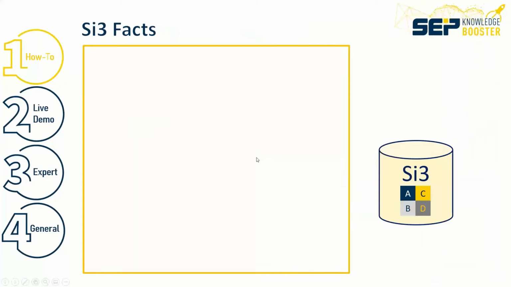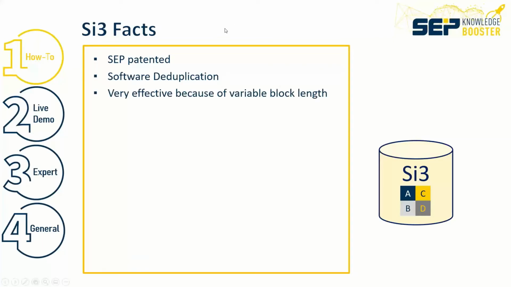Now talking about the software integrated deduplication in our SEP sesam, and here are the facts of SI3, which is the name of our deduplication algorithm, and we have our own name because we also have the patents of this algorithm. It works pretty effective, and it's a software-based deduplication.